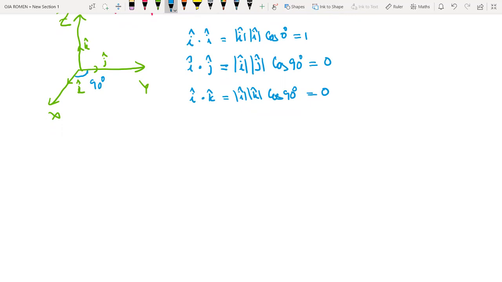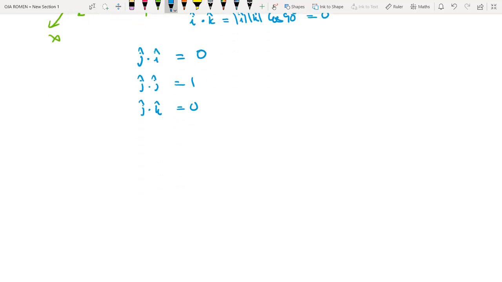Like that you can find j dot I is 0, j dot j equals 1, j dot k equals 0, k dot I equals 0, k dot j equals 0, k dot k equals 1.